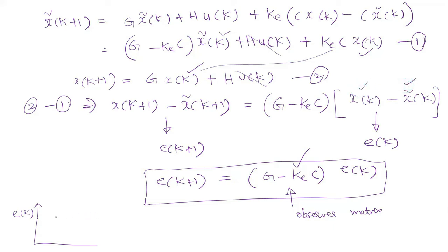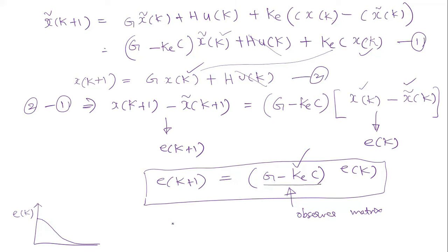Realistically, this error term will have a non-zero value initially, and we want it to gradually drop to 0, so that we have a perfect estimation. That is our aim, and to do that, we place the poles of this error dynamics at a suitable location.